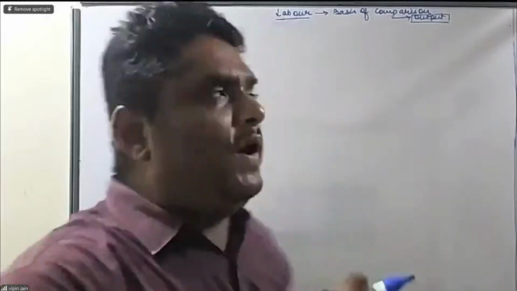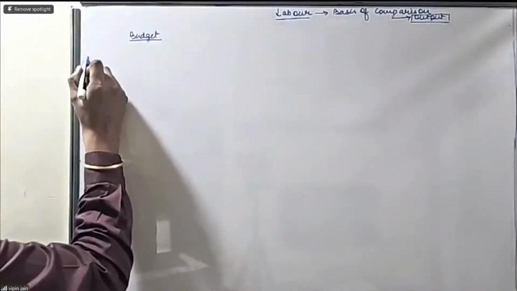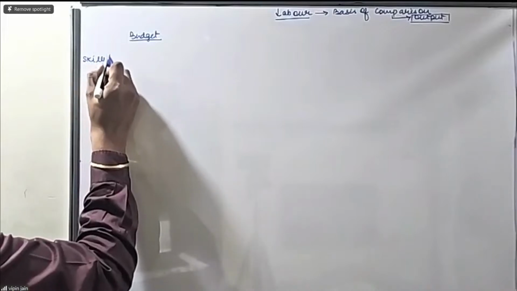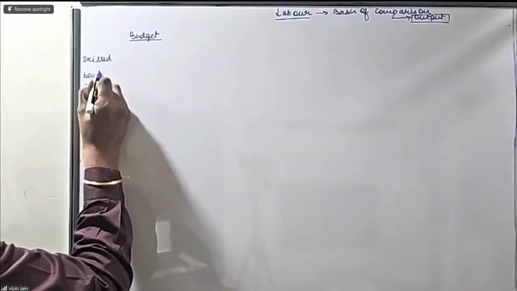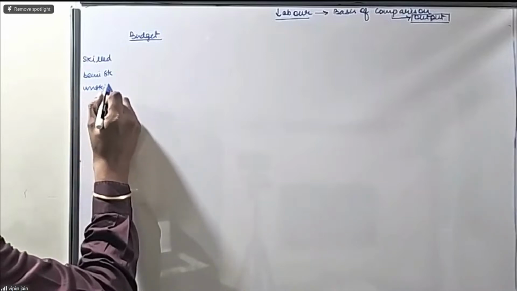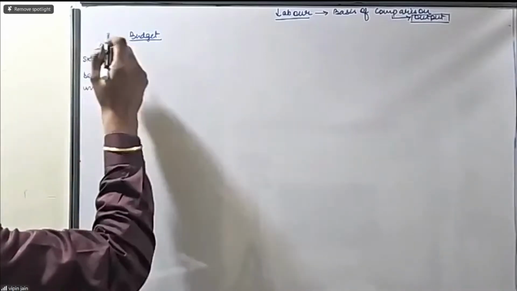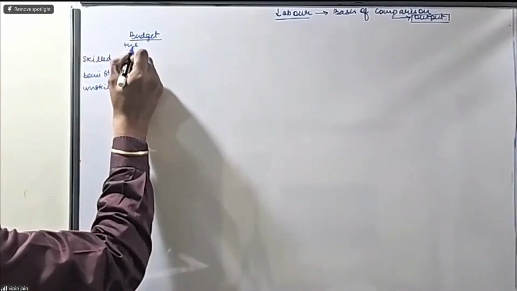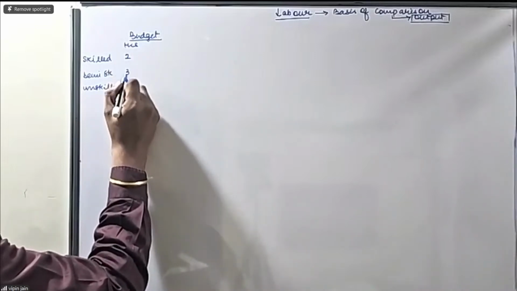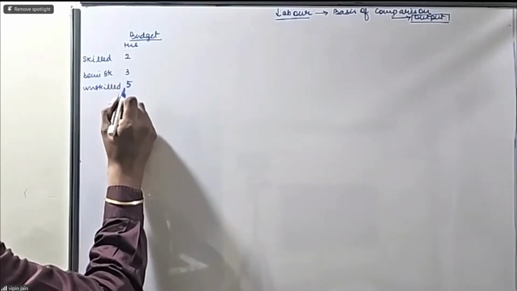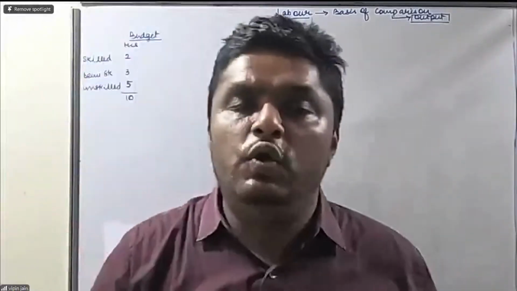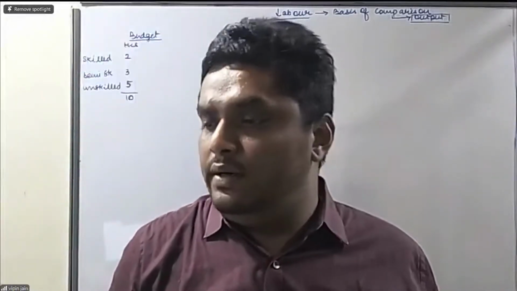For every unit of output, let's say 3 types of labor are required: skilled, semi-skilled, and unskilled. Let's say 2 hours of skilled, 3 hours of semi-skilled, and 5 hours of unskilled labor is required. Total 10 hours are required to manufacture 1 unit of a product.